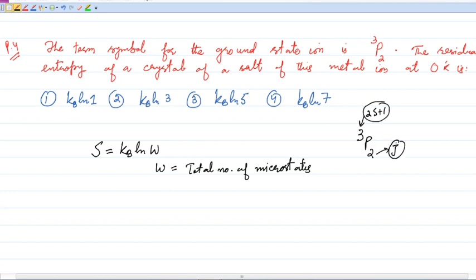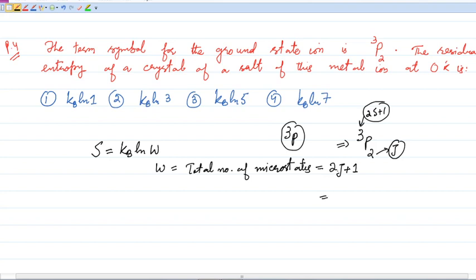So basically the number of microstates for this case, if a term symbol is given, for this case we will write 2j plus 1. You have to remember this.